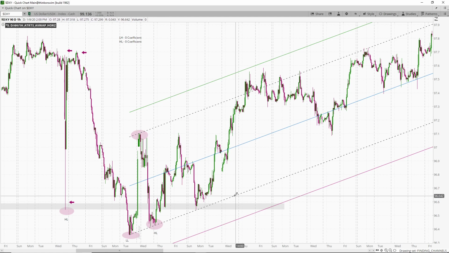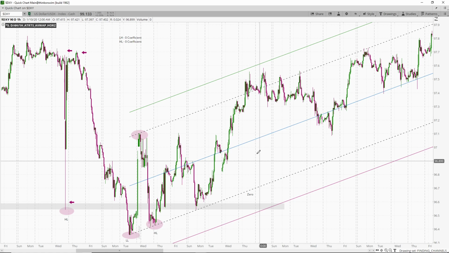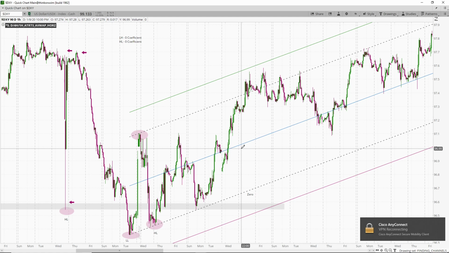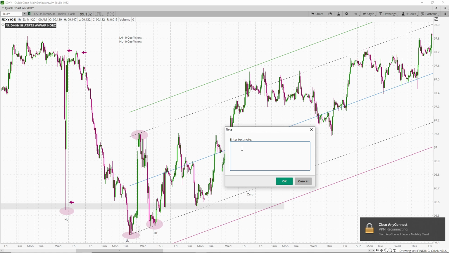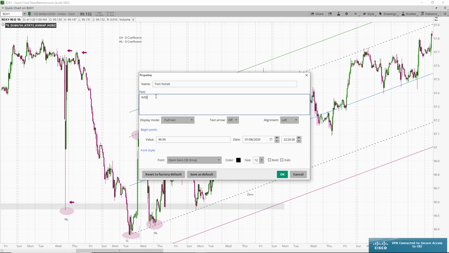So down here is your zero coefficient. Here's about your 50% mark, and this is your 50% area, or your point of control. It's an early point of control, but we have it at least.